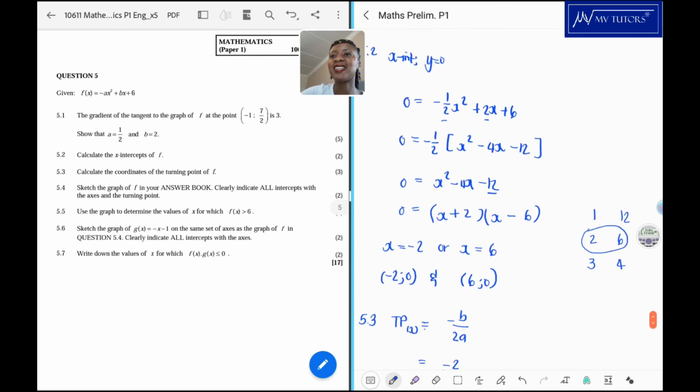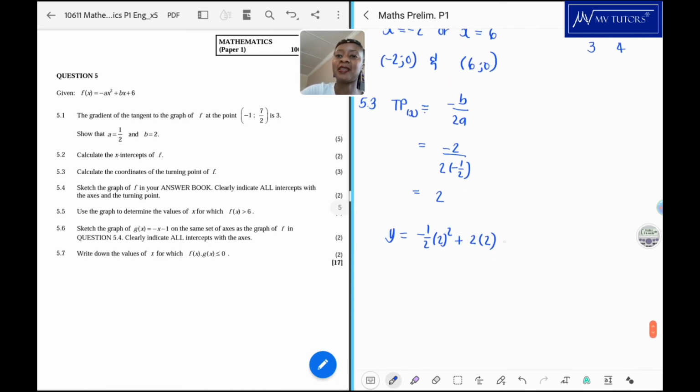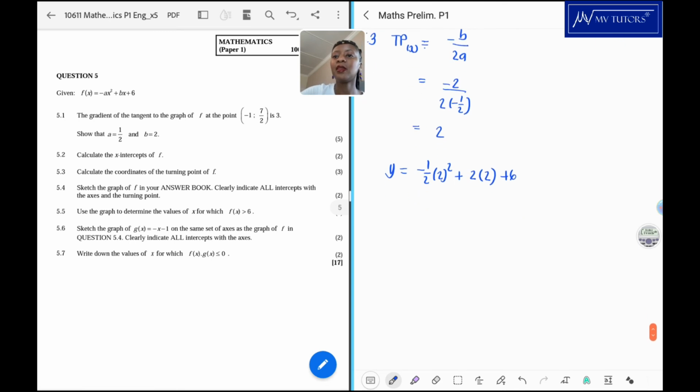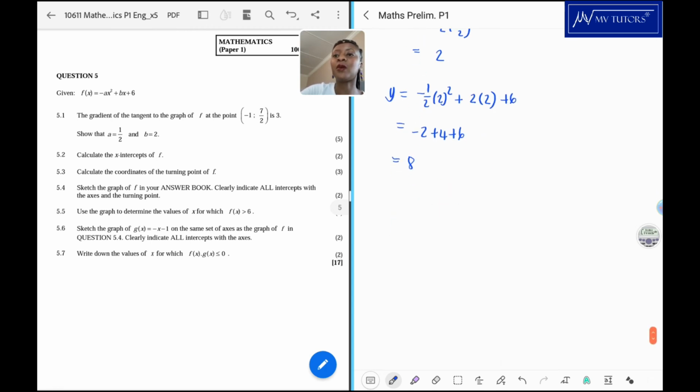That's the equation. Plus 2 and then plus 6. Okay, so 2 squared is 4, times negative a half is minus 2, plus 4 plus 6. So 4 plus 6 is 10, minus 2 is 8. So therefore our turning point is 2 and 8.